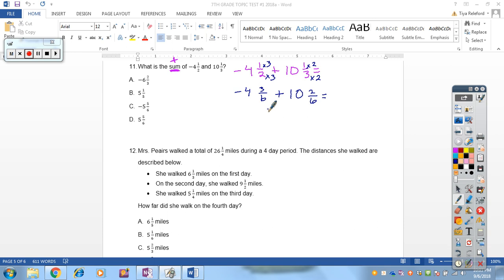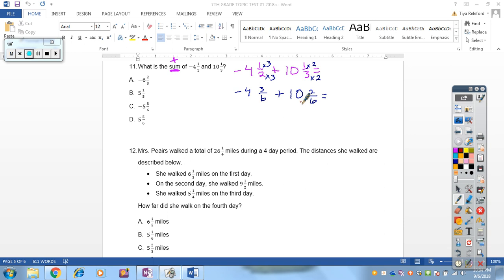Now, my second step is to do what? Write vertically. So here's my question. Are the signs the same or different? They're different. So if they're different, which one am I going to add or subtract? Same sign, add. Different sign, subtract. I'm subtracting.